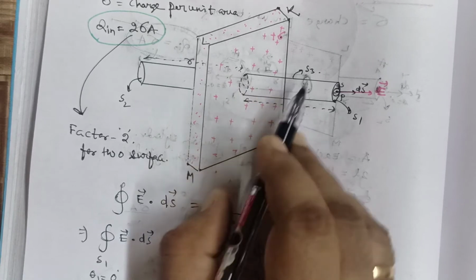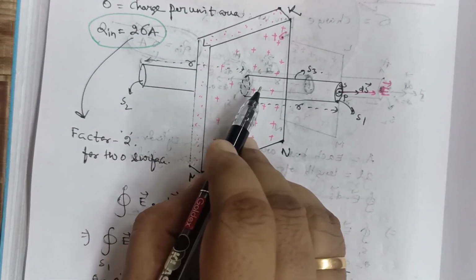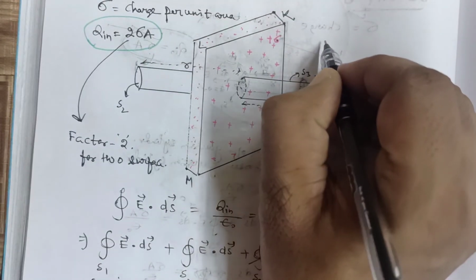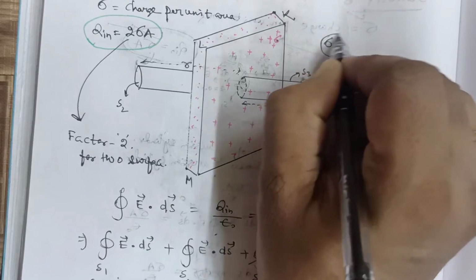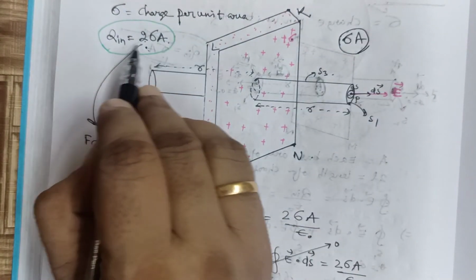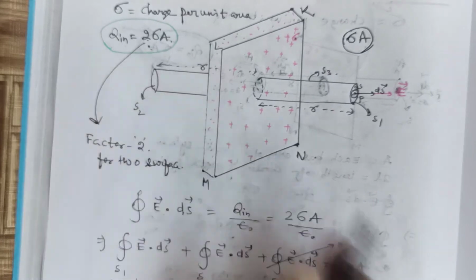That means the outer surface and inner surface both exist, and the charge resides on each surface. On each surface, the charge will be sigma A. As there are two surfaces, Q inside is equal to 2 sigma A. In a thin sheet, Q in is sigma A, but in a thick sheet, it is 2 sigma A.